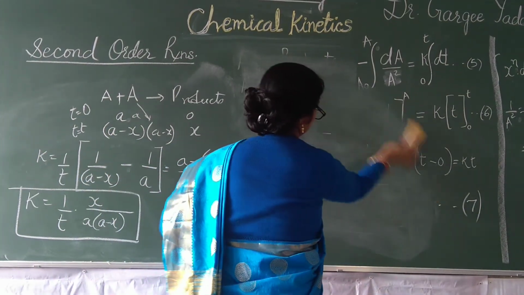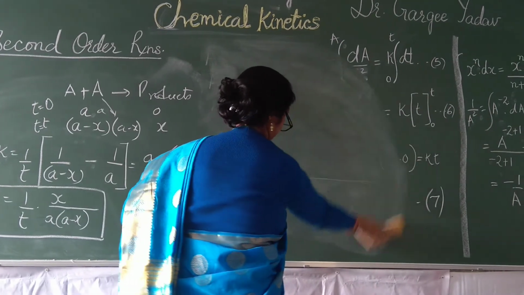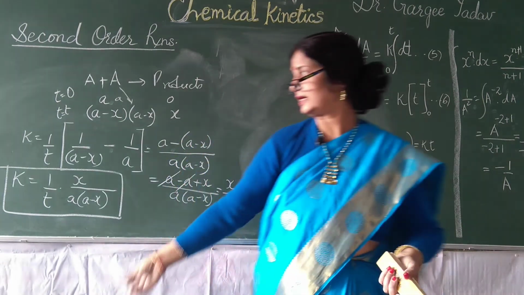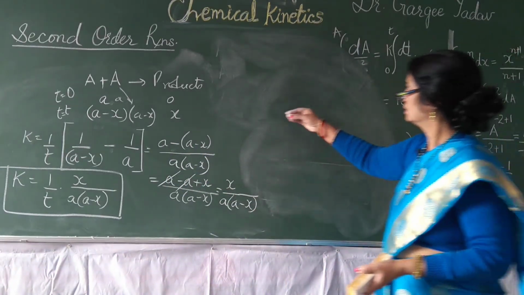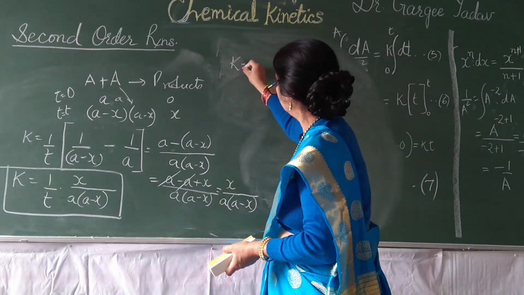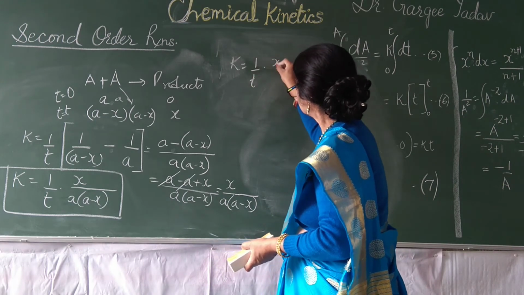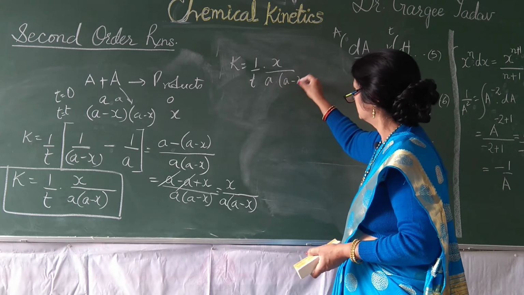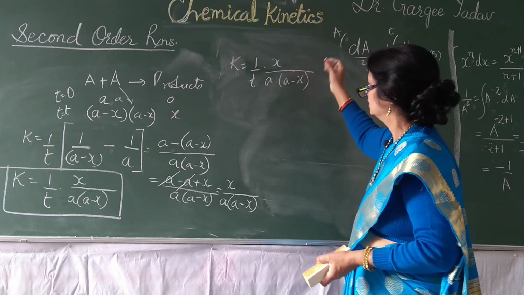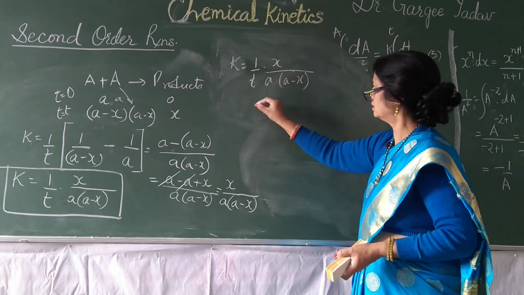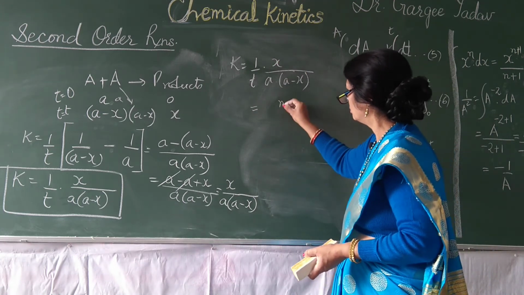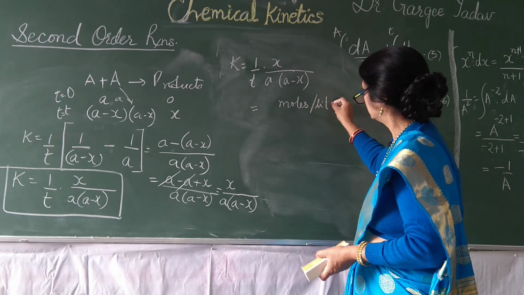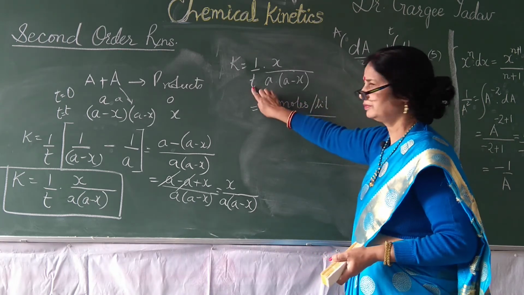Here I can explain to you the units of a second order reaction. We have this expression: k is equal to 1 upon t, x upon a into a minus x. So we can see that this is our concentration term. Concentration is in moles per liter, upon time.